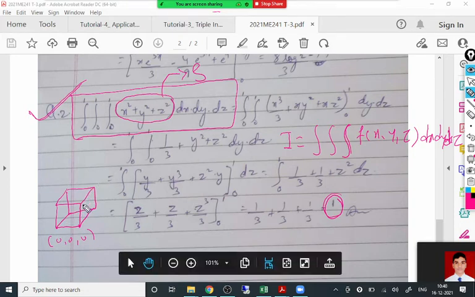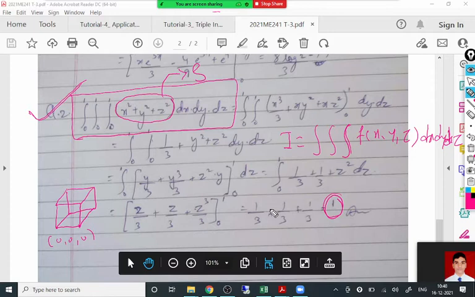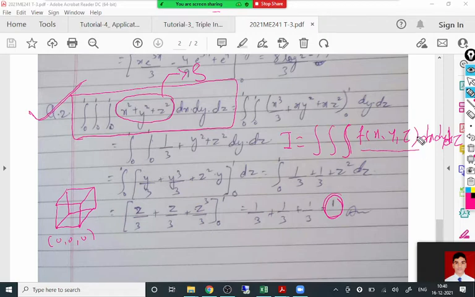Such a solid is given, and the question is to find the mass of this cube. So we evaluate the triple integration of rho dx dy dz. What is rho in this case? Rho is x square plus y square plus z square, the density varying as per that function. In that case, your answer is again 1.